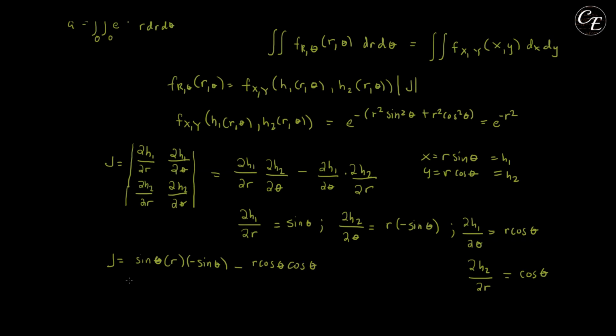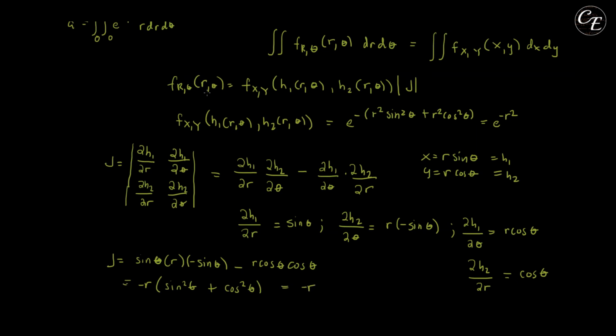So we will have here, let us collect similar terms, negative r, then sine squared theta plus cosine squared theta, because we got already the negative r. So we'll have negative r.